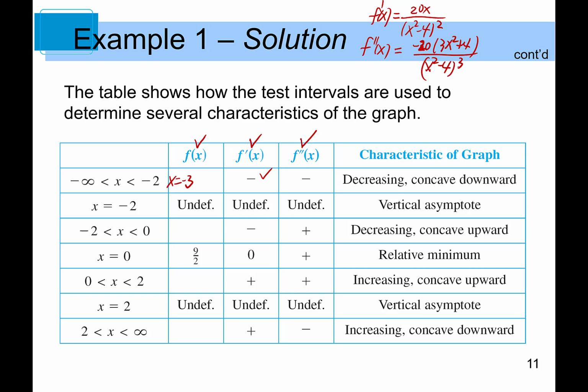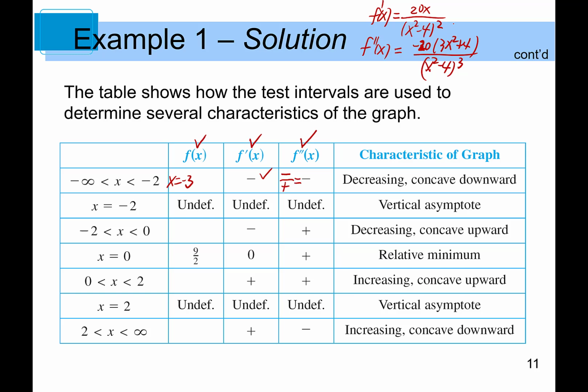And for the second derivative, well, x equals -3, and the numerator is negative, and denominator is positive. This whole thing will be always negative.